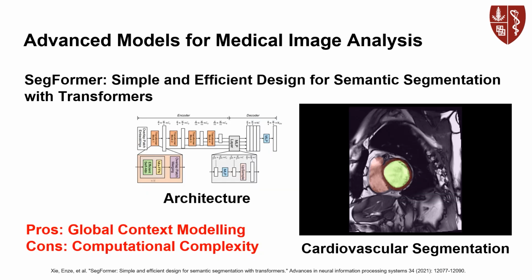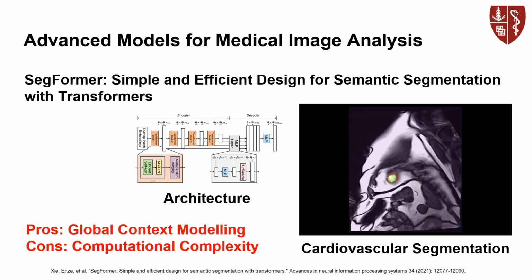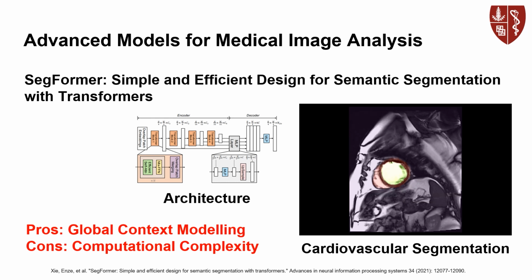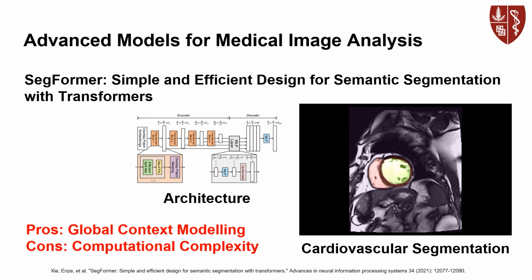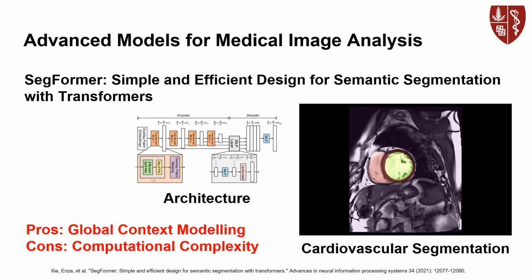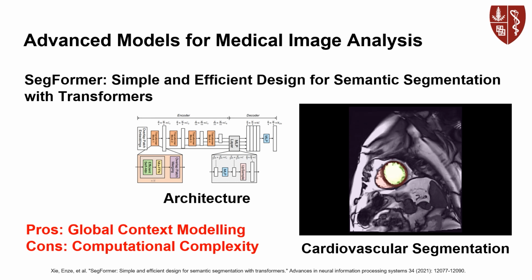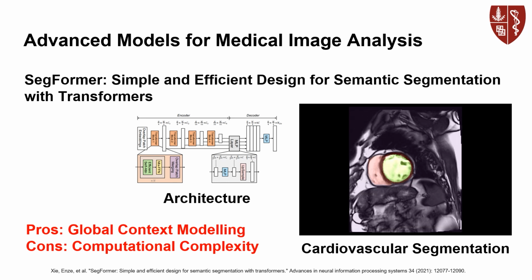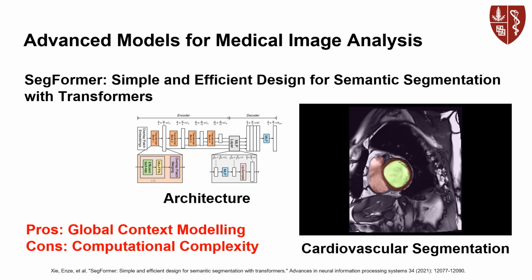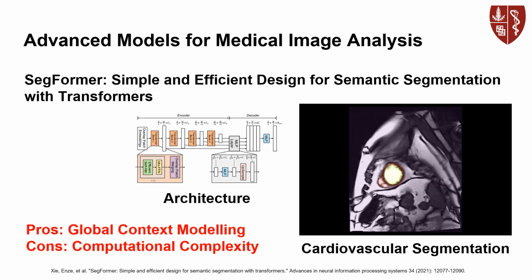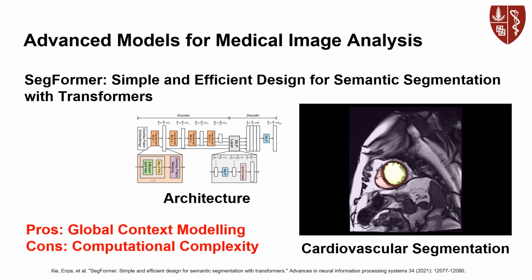In this case, it does have global context modeling, which means if there are features present in different regions of the same input image, the transformer model would still be able to actively relate these two ROIs and say that, hey, these are related.